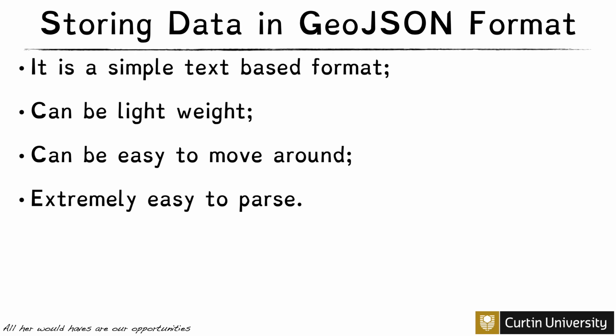What do I mean by that? Well, as you would know, you can create a file and let that file collect data, and it will grow and get large. But we can pass small files around our systems for processing. And GeoJSON is an extremely simple data format to parse.